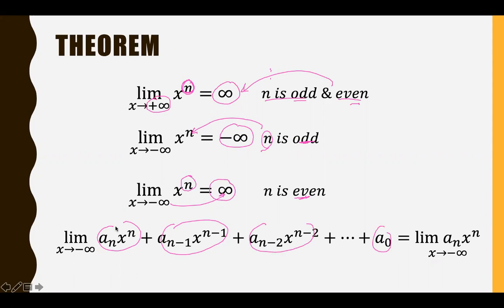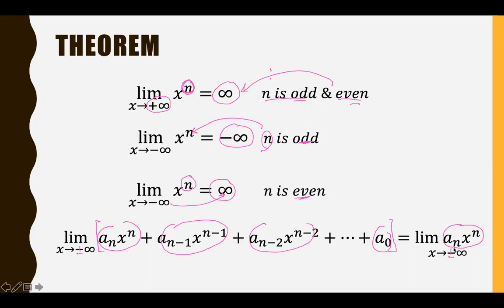For this specific polynomial function, if we solve for the limit as x approaches negative infinity or even positive infinity, it is just equal to the limit of the first term, the leading term, the one containing the highest degree.